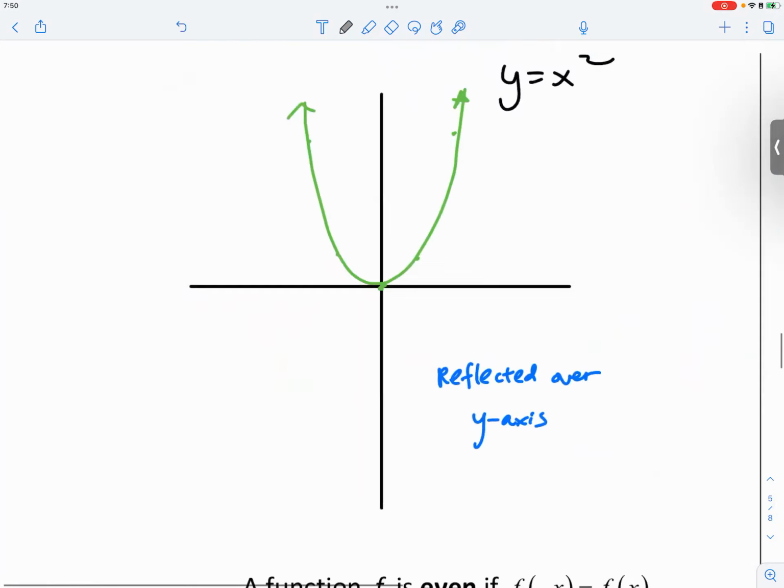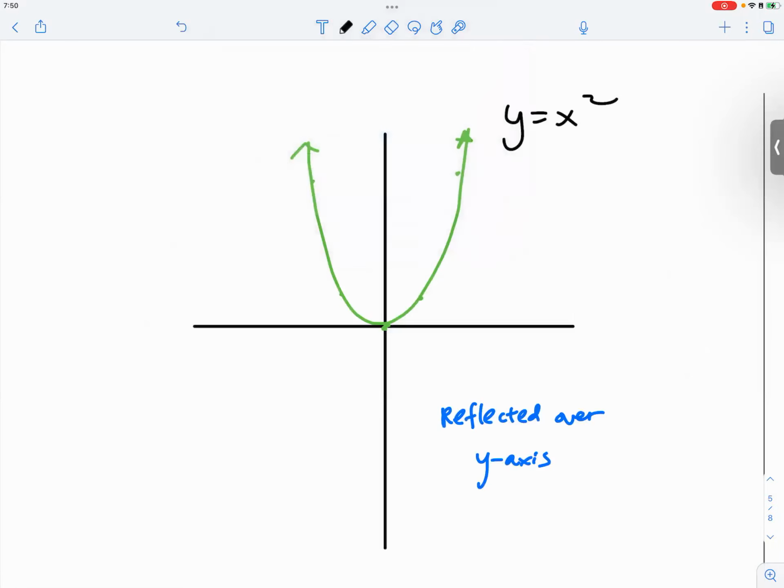Okay, so we have x squared, right? Let me ask you a quick question. What is f of 2 for x squared? Let's just say this is also equal to f of x. What is f of 2? 4, right? Now, everybody, what is f of negative 2?